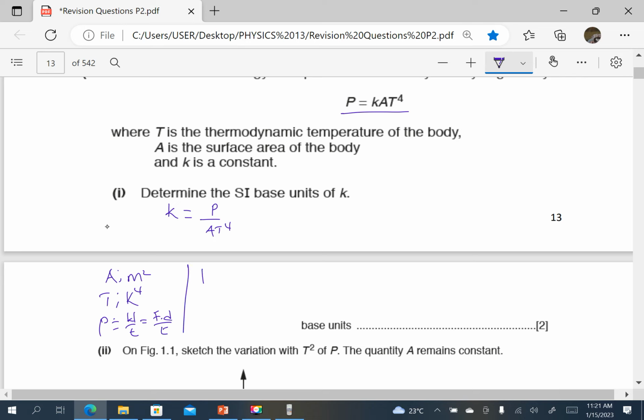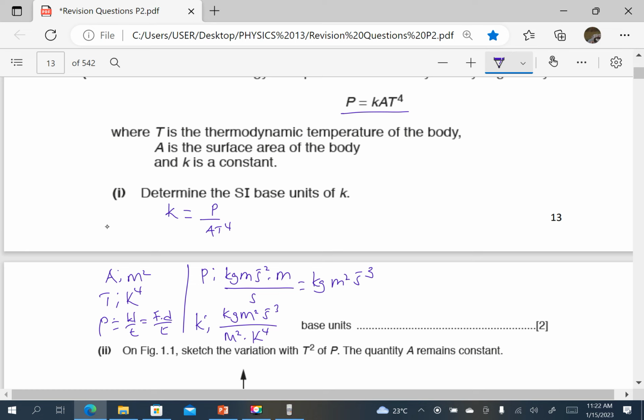So it means the base units of power are going to be force, which is kilogram meters per second squared times meters, divided by seconds, which would be kilogram meters squared per second power -3, because s goes up. So it means the base units of K would therefore be power, which is kilogram meters squared per second power -3, divided by A, which is meters squared, times T power 4, which is K power 4.